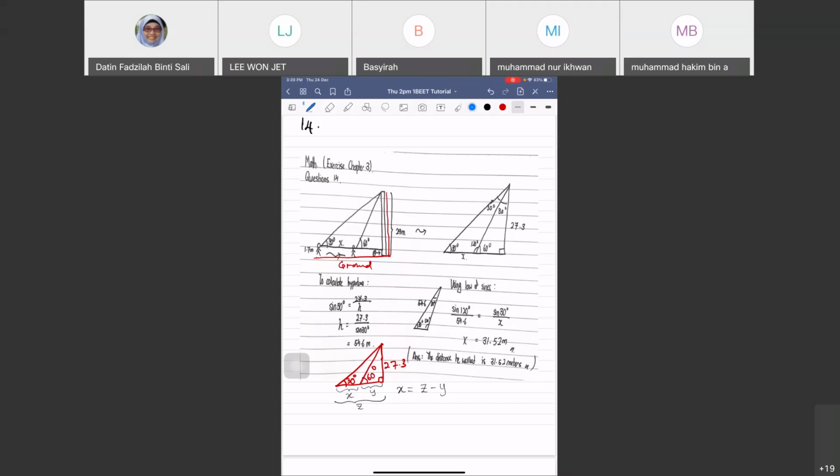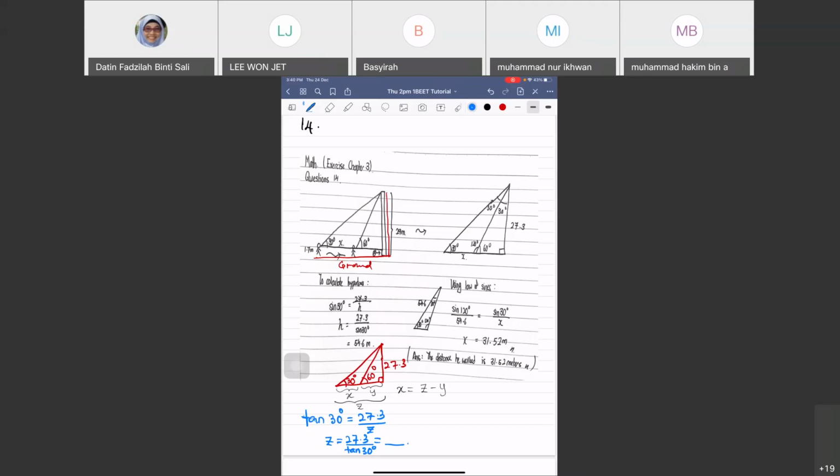Tangent 30 degrees equals 27.3 over z. So z equals 27.3 over tangent 30 degrees. So you get one answer.